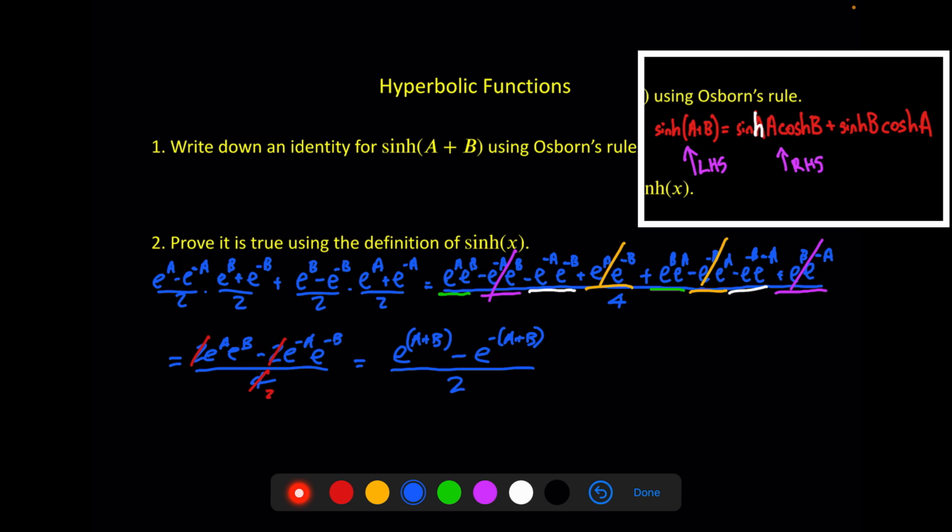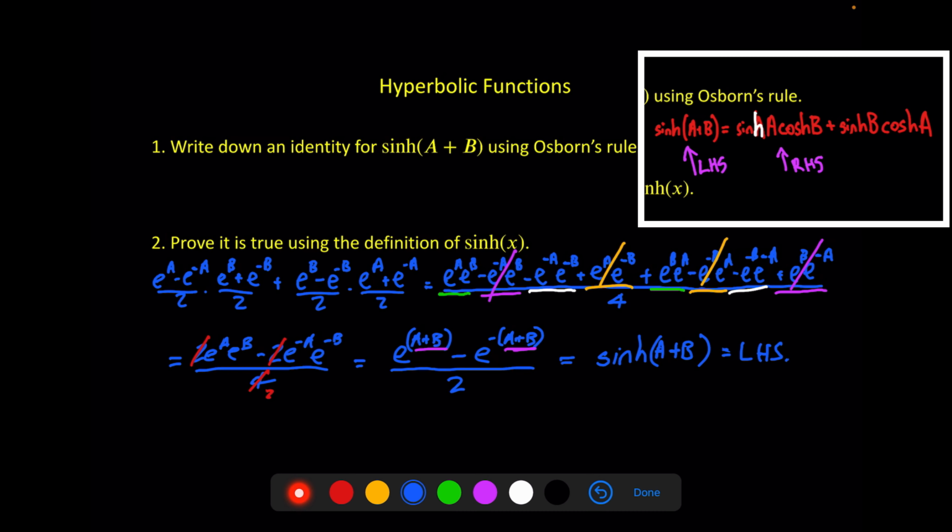And that is equal to the definition of sinh with the bracket, where of course my bracket here is A plus B, which is my left-hand side of the identity.